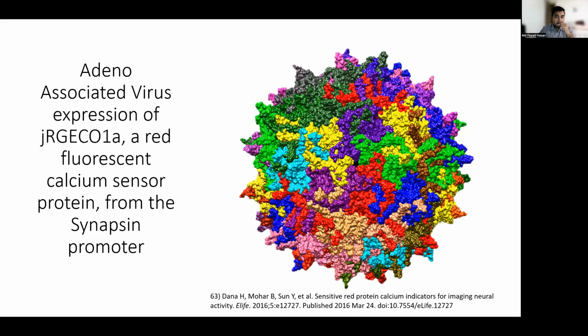One interesting thing is that these neurons talk to each other, and when they do, their calcium level increases. So if you put this optogenetic marker inside the neurons, when they talk to each other and the calcium level increases, they glow. So you can actually see them talking to each other.